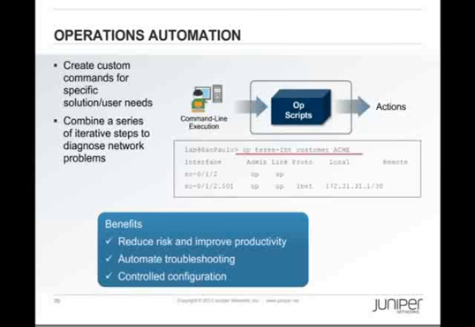Yeah, so operations automation: create custom commands for a specific solution a user needs. Exactly what it's saying here. In this case, it's using an example. Think of this as somewhat, not necessarily an alias, but a custom output being shown. Op ters int customer acme. You just want to see that customer acme. This probably is being matched on something like the interface name or a description.